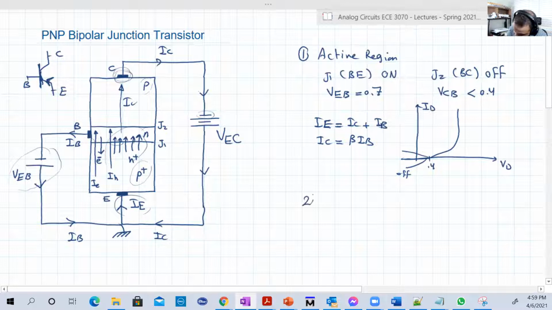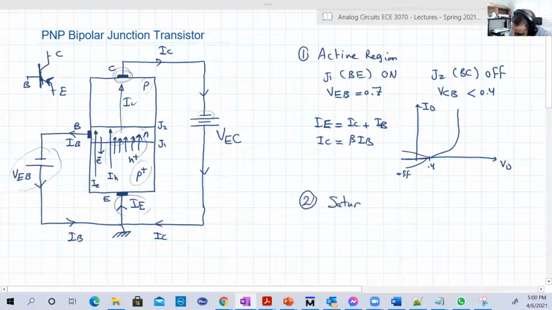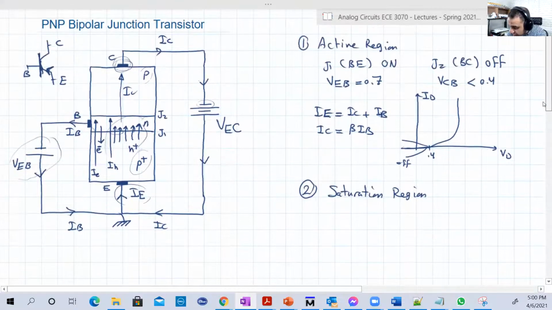And for saturation, I think we can derive the same equations, but just look at the flipping of the voltages. In the saturation region, we will have something exactly similar to the NPN transistor. So J1 and J2 will both be on.